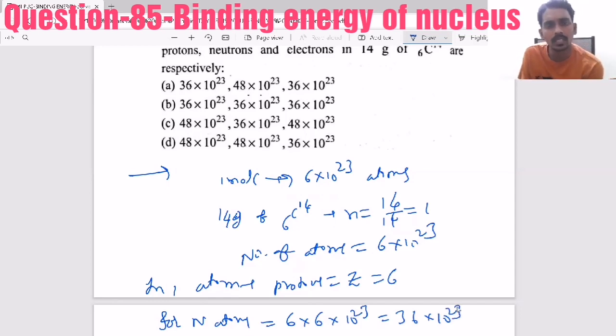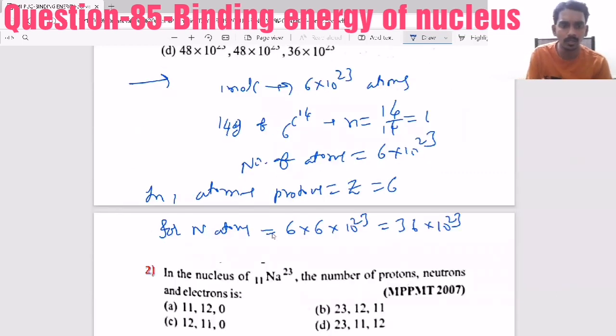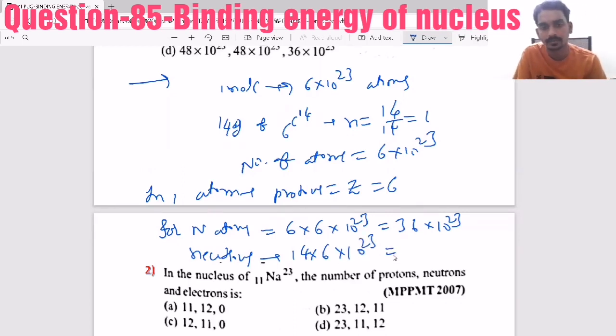An equal number of electrons will also be there. But for neutrons, when you consider one atom, 14 minus 6 neutrons are there. So 8 into 6 into 10 power 23.